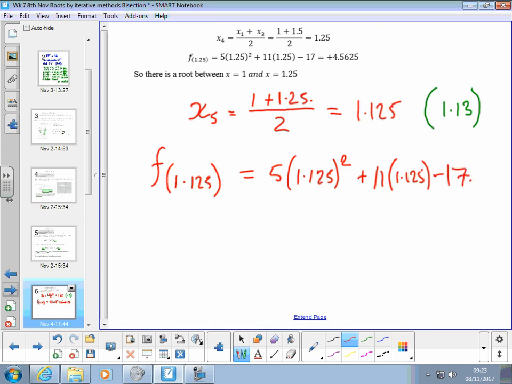And I believe if you calculate that, that is equal to plus 1.0312. Yeah. It's still positive. Therefore, the root lies between 1.5.